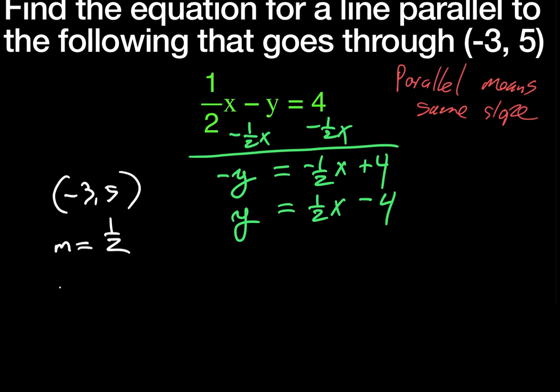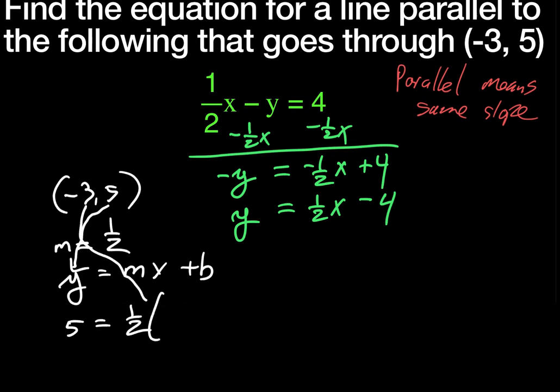So I'm going to use my equation y equals mx plus b. The y value is 5. My slope is 1/2. The x value is negative 3, and then plus b. 5 equals negative 3/2 plus b.